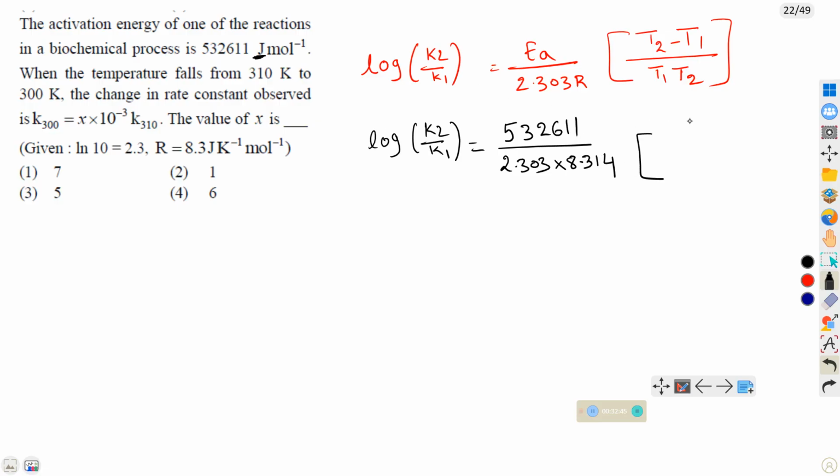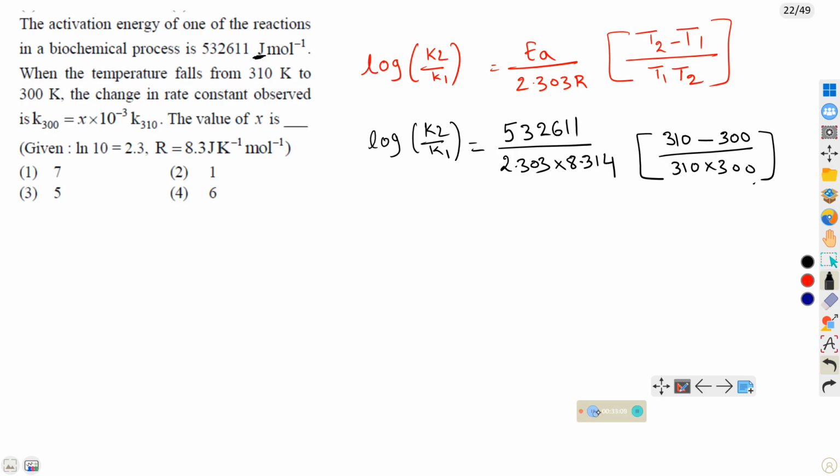When the temperature falls from 310 kelvins, T2 value 310, T1 value 300, by 310 into 300. The change in rate constant observed is K300 is equal to X into 10 power minus 3 K310. The value of X is.